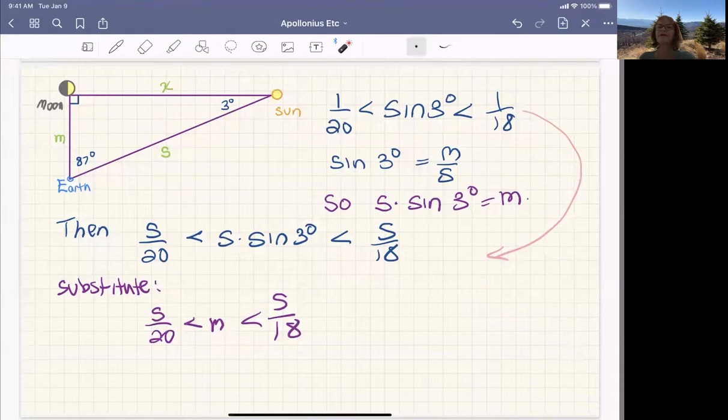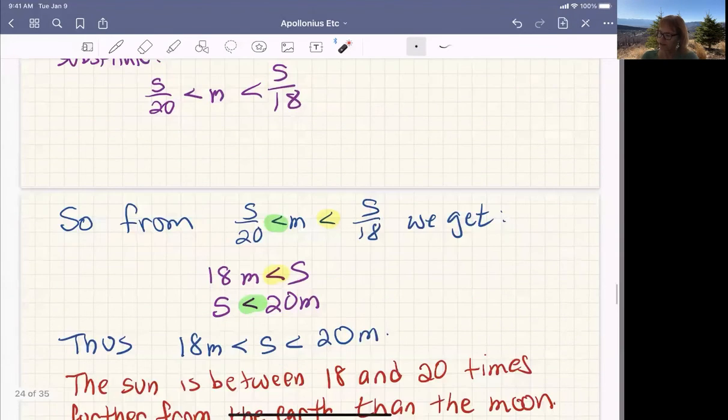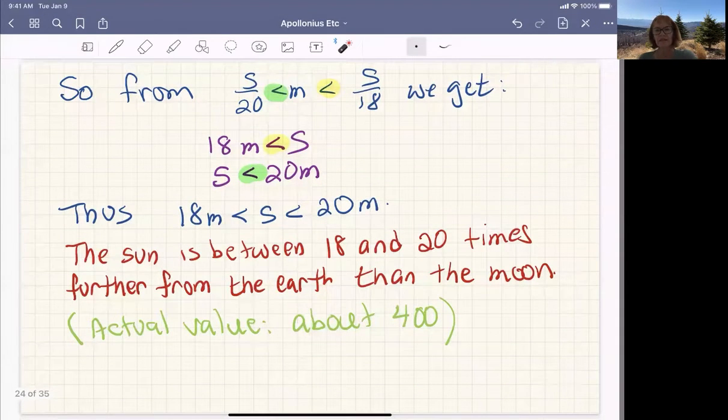The problem is, it would have been very difficult at that time to measure this angle accurately. So if he was able to measure the angle more accurately, he would have actually had a more accurate estimate of the difference in distance between the moon and the sun.